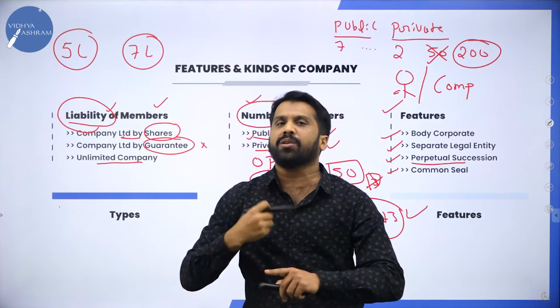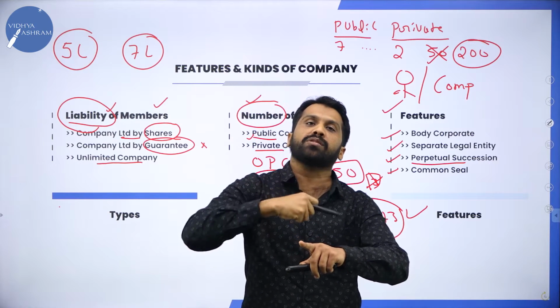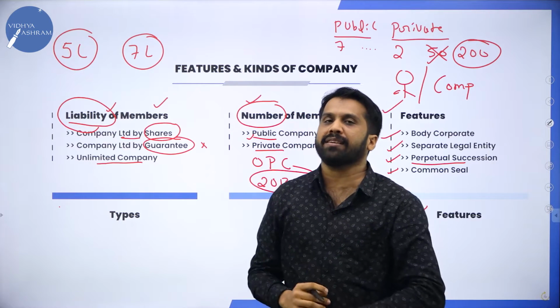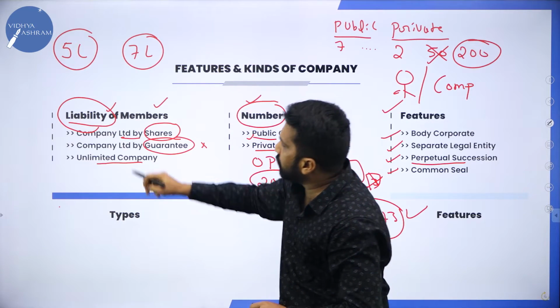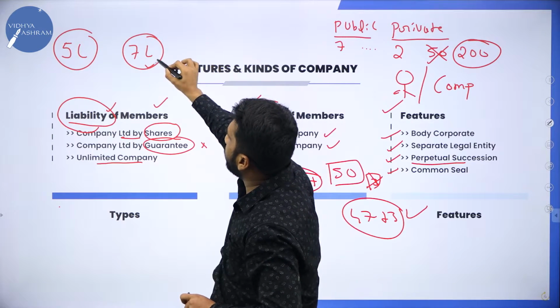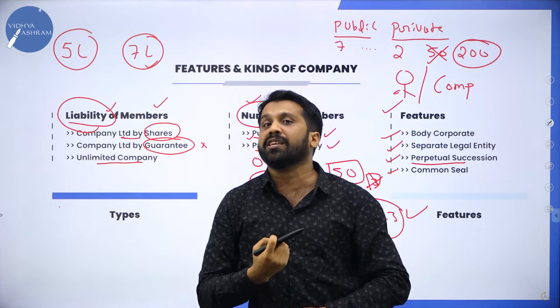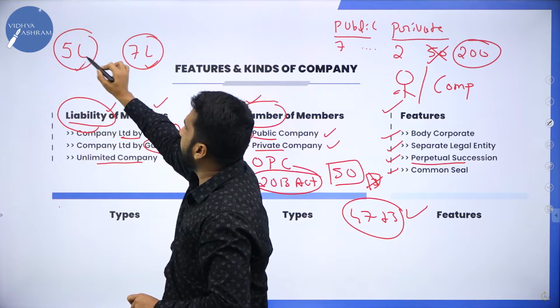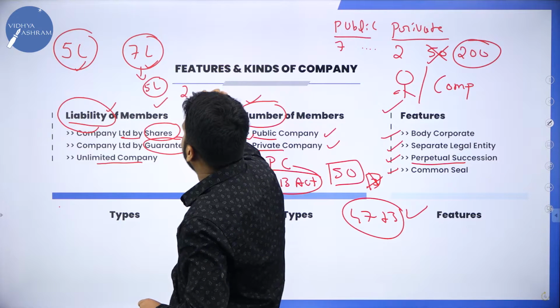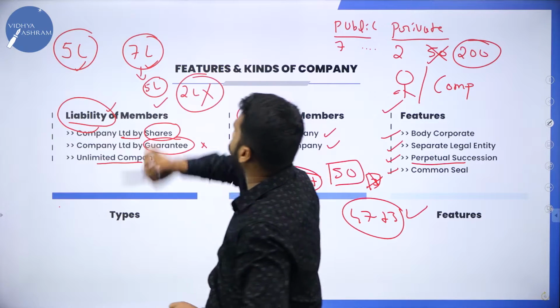You have taken a loan, you have purchased goods on credit basis, and you have to pay them 7 lakh. In case of limited by shares, how much do you have to pay? 7 lakh. What is your share capital? 5 lakh. You are responsible only for 5 lakh. The balance 2 lakh you are not responsible for.